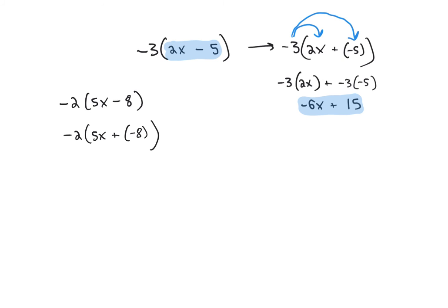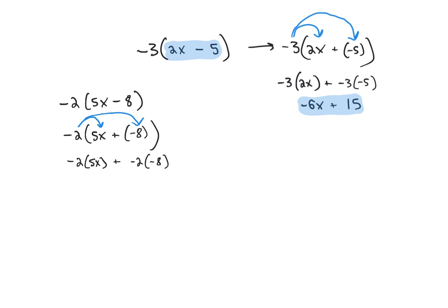And then when we're doing our distribution, we can see that negative 2 is going to multiply the 5x. So we'll have negative 2 times 5x plus the negative 2 times a negative 8, so negative 2 times negative 8.